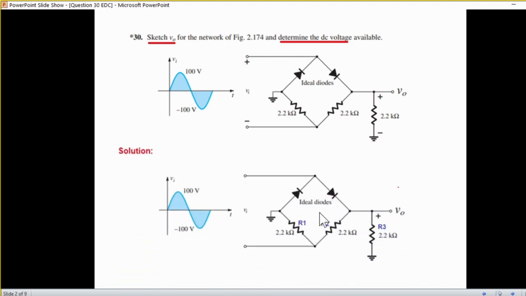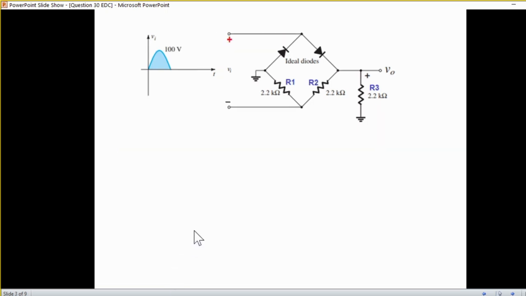So now we'll work with this circuit. R1, R2, R3, remove the sign from here and remove the negative sign from here. Okay, now we'll apply the positive half cycle, and a very simple technique is that for the positive half cycle, we'll mark the top as positive and the bottom as negative.